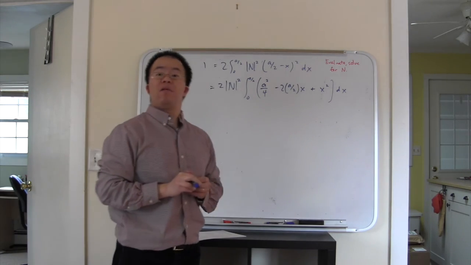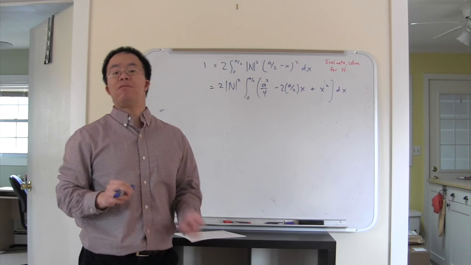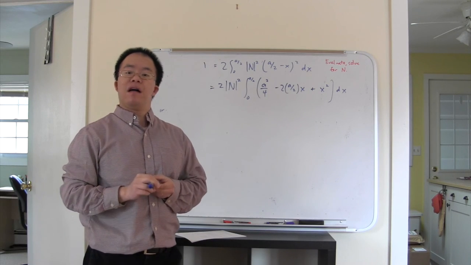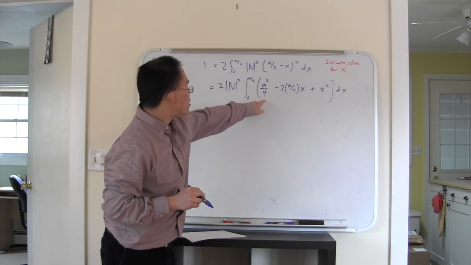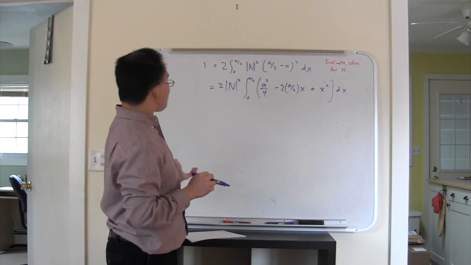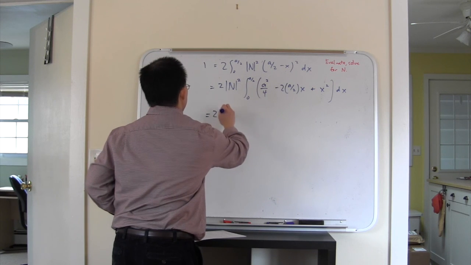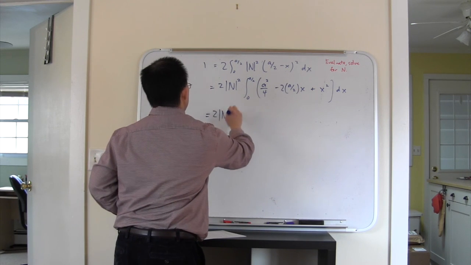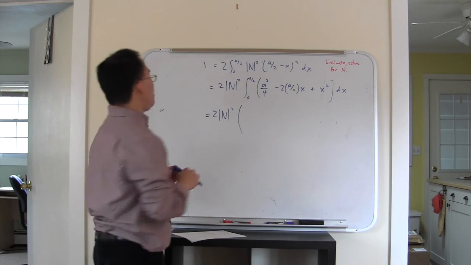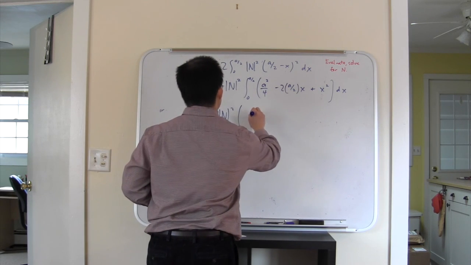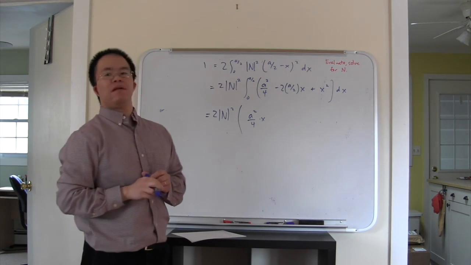Okay, so let's just integrate this. This is a polynomial. Hopefully you remember well from Calc 1 and 2 how to integrate polynomial functions. Well, this first term here is just constants. So if I do this, let's just have big parentheses here. The first term integrates to a squared over 4 times x.